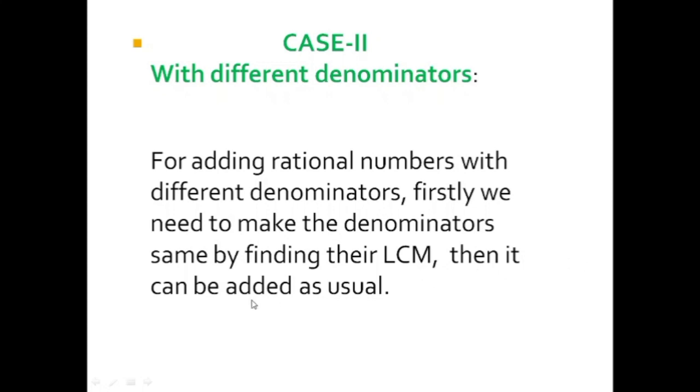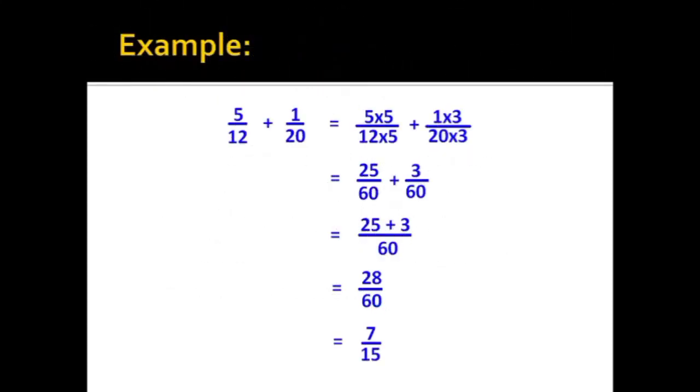Then it can be added as usual, as we have done in case 1. We can understand it with an example where we have taken two rational numbers. First rational number is 5 upon 12 and second is 1 upon 20. The denominator of the first is 12, the second's denominator is 20. The LCM of 12 and 20 is 60.